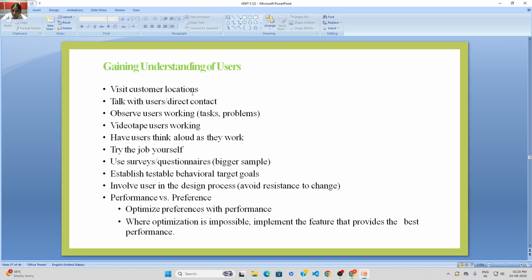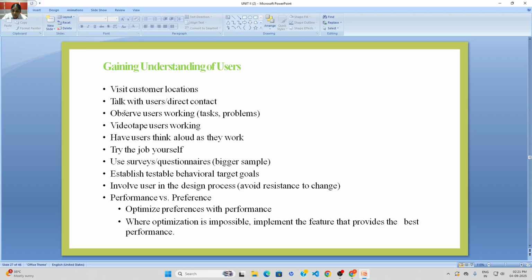Then how the user will gain based on the speed and how they can understand: visit customer locations, talk with users or have direct contact, observe users working, and videotape users working. Try the job yourself, use surveys, establish testable behavioral target goals, involve users in the design process, and optimize preference with performance.